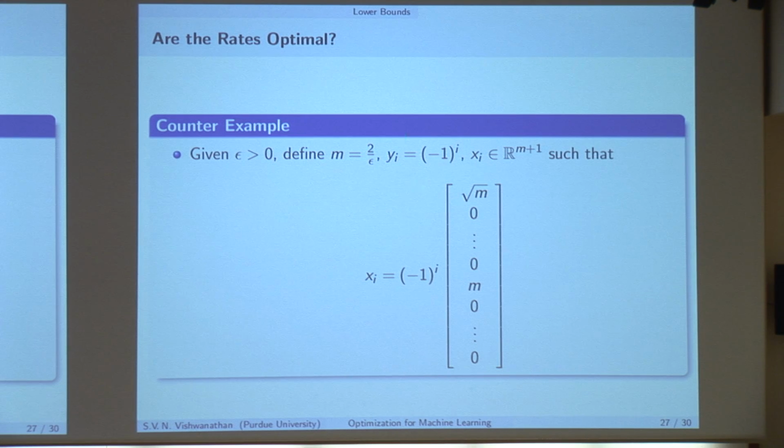Okay. And your instances look somewhat weird. So the first coordinate of every instance is square root m. And the i plus 1th coordinate of every instance is m. Okay. And everything else is 0. And then there is a sign pattern which is determined by whether it is odd or even.